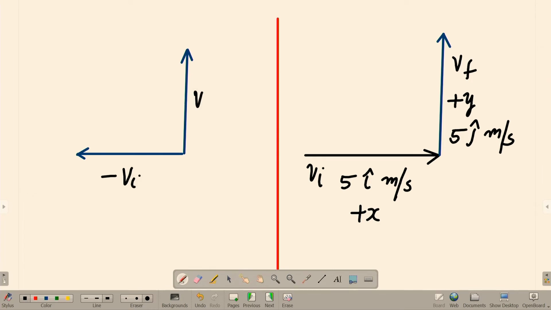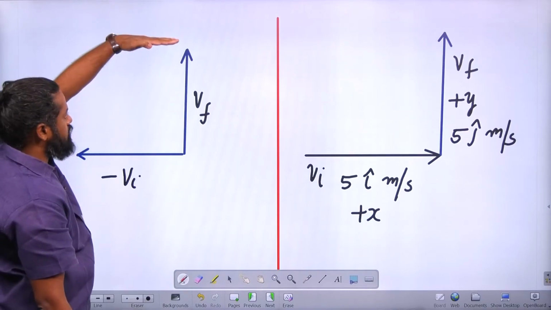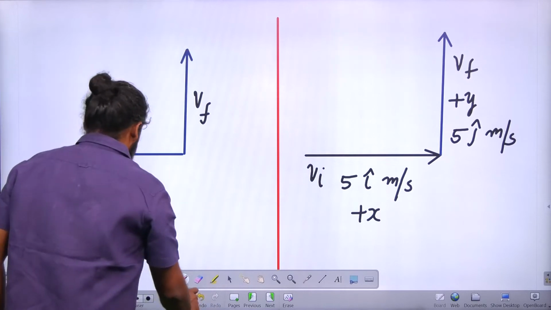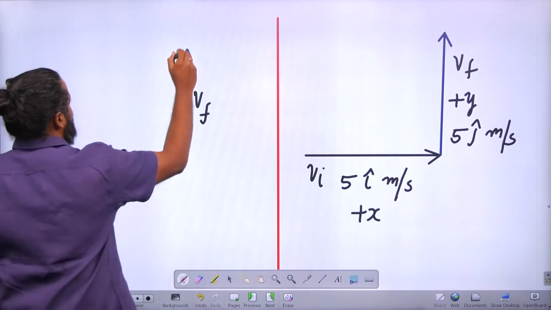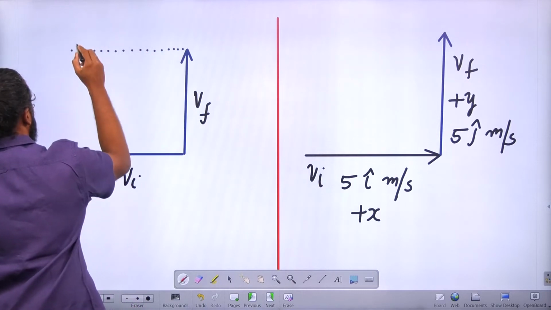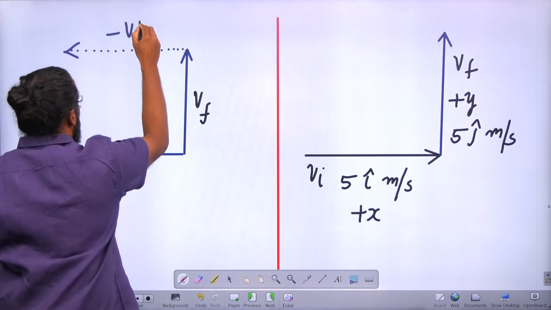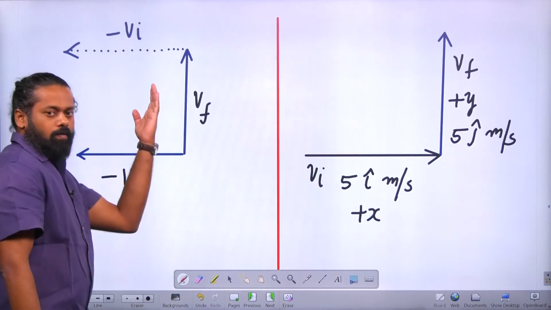This is V final. Now, I am going to shift this vector to this side. Look here, when I am shifting, I will get the Vi here. So, this is minus Vi. We have to apply triangular rule.